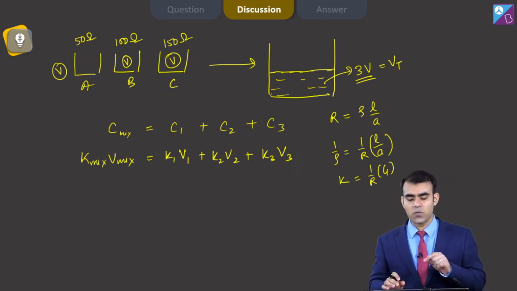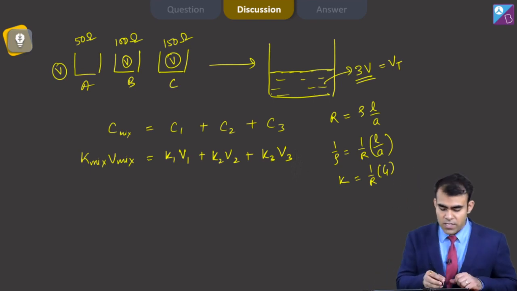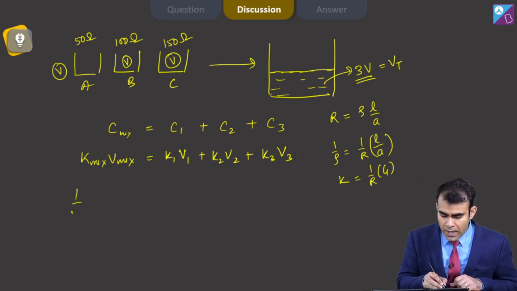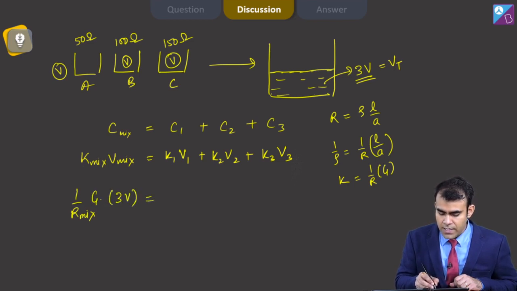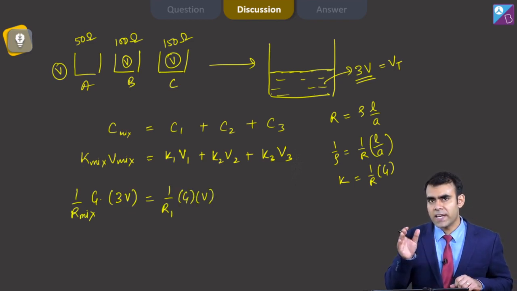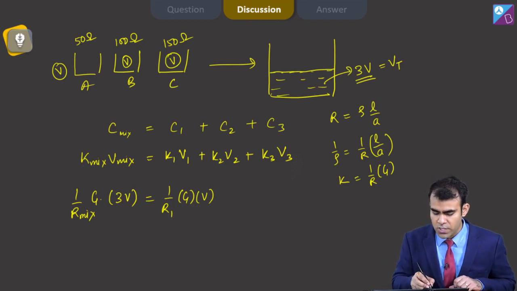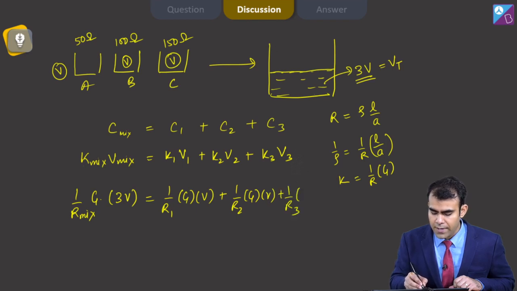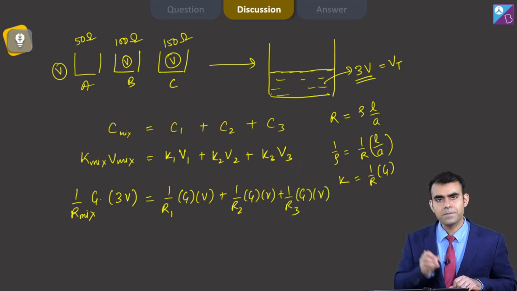So conductivity is 1 by R into the cell constant. So I can write it as 1 by resistance of mixture into G into V mixture, which is 3V, is equal to 1 by R1 into G into V, because the volumes are taken as V for all three solutions, plus 1 by R2 G into V plus 1 by R3 into G into V.